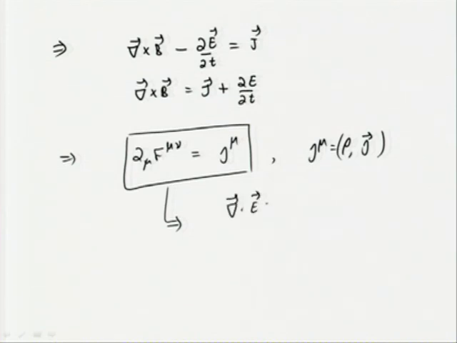Divergence of E equal to ρ is given by ν equal to 0, and the other three values of ν give you curl of B equal to J plus ∂E/∂t. So these two Maxwell's equations can be represented in a compact way using F^{μν} as ∂_μ F^{μν} equal to j^ν.